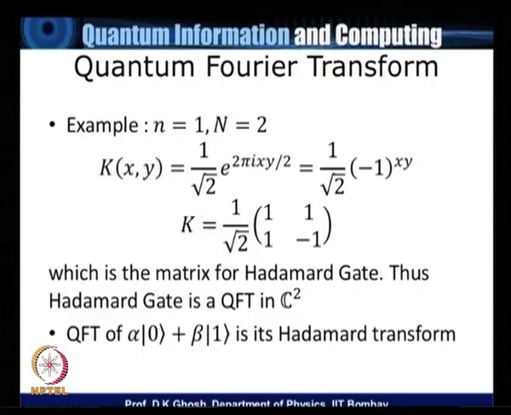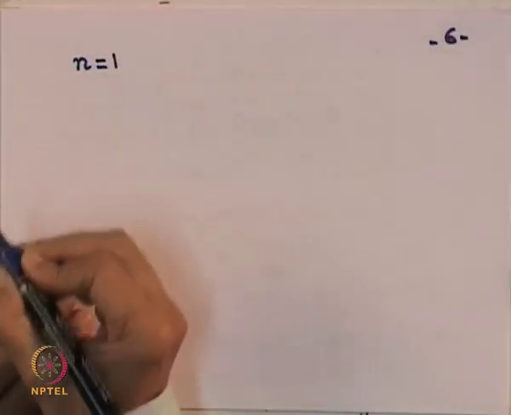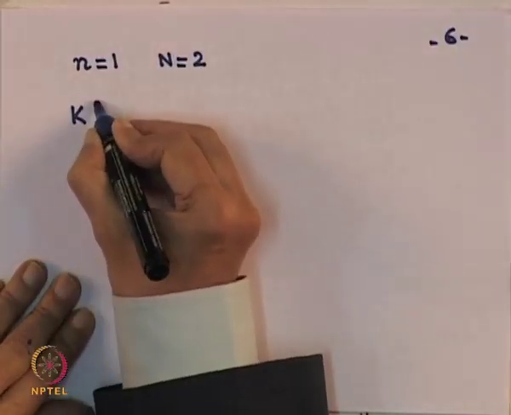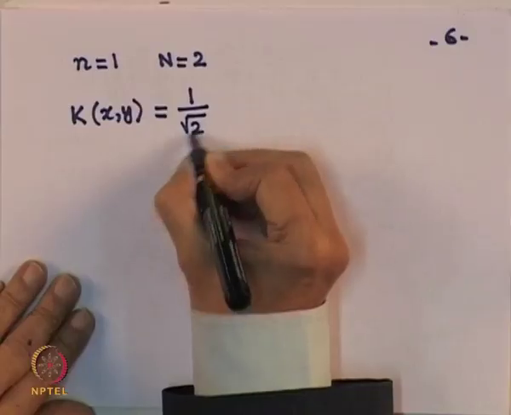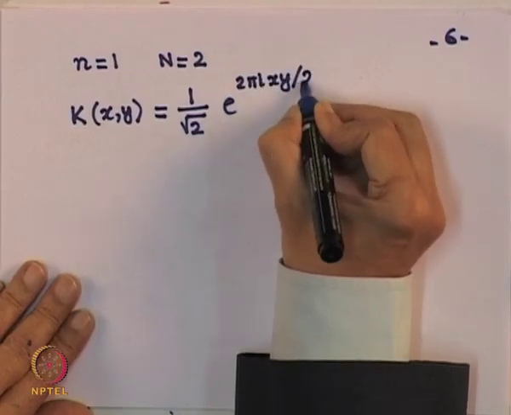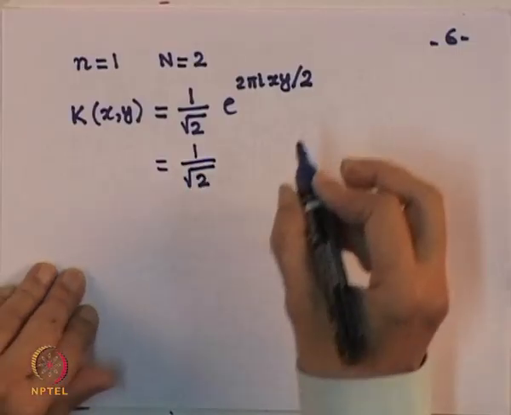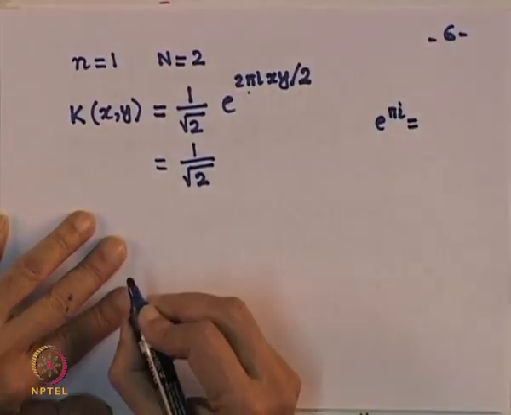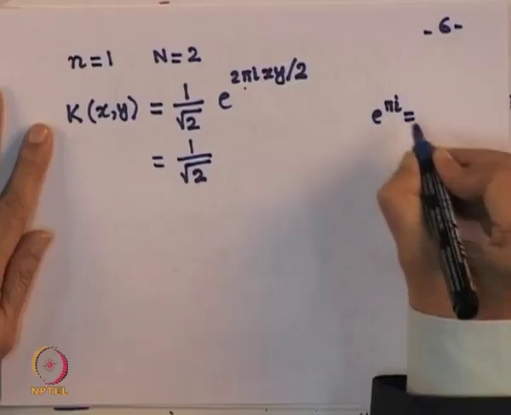Let me give you an example of this. Let me take n equal to 1 qubit, so that capital N is equal to 2. I am in a 2-dimensional space. By definition, my k_{xy} is 1 over square root of N, which is 1 over square root of 2, e to the power 2 pi i xy divided by 2, because that was N. Now remember, e to the power 2 pi i by 2 is e to the power pi i, which is equal to minus 1.